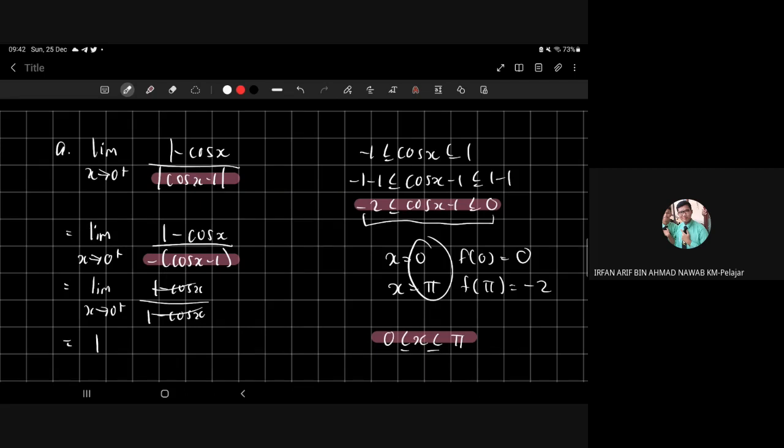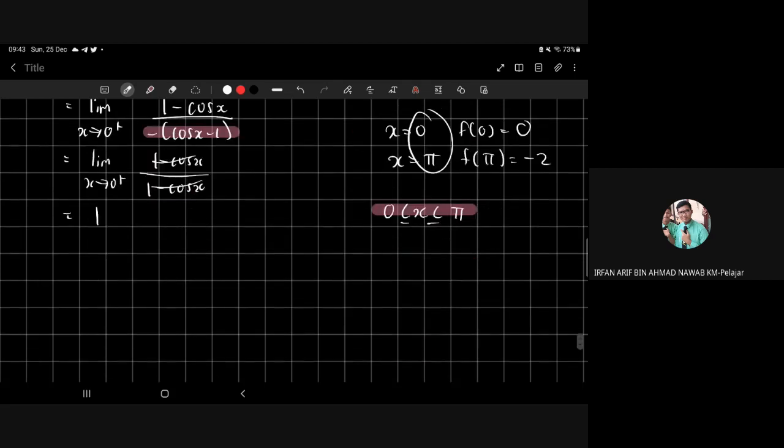Pi over 2, 0. Yeah, sorry. It will be less than 0. So generally speaking, for all values of x, cosine of x minus 1 will always be 0 or less. It will always be a negative value.